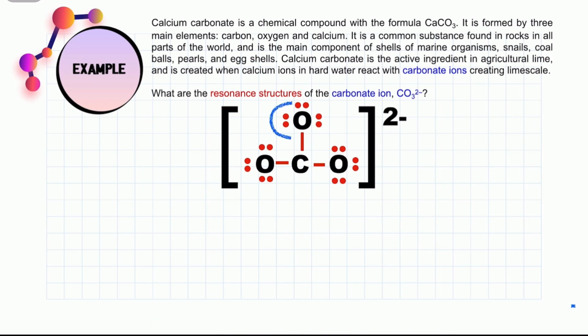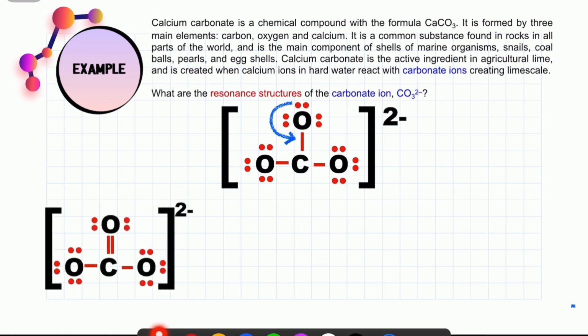So only 6 electrons. How to make it octet? Let's say this oxygen uses one of its lone pairs to form a bond with the carbon. It will form this Lewis structure. When it forms a double bond, around carbon there are 2, 4, 6 and 8 electrons.